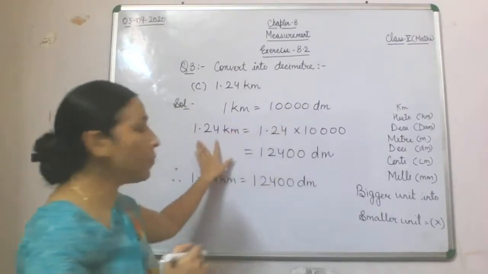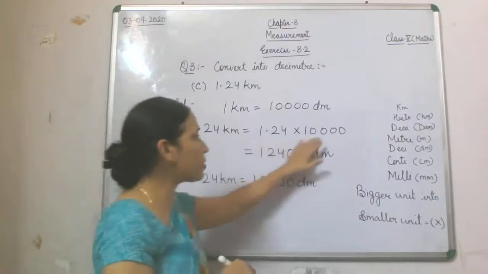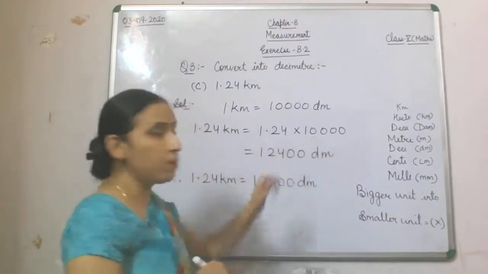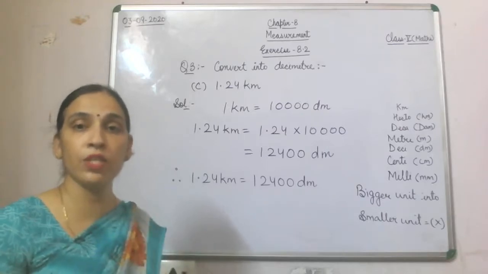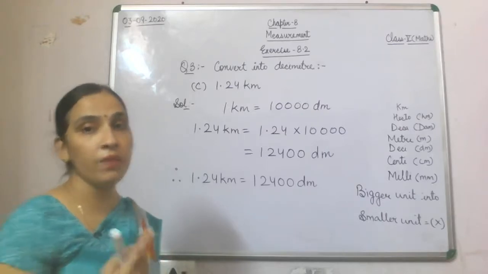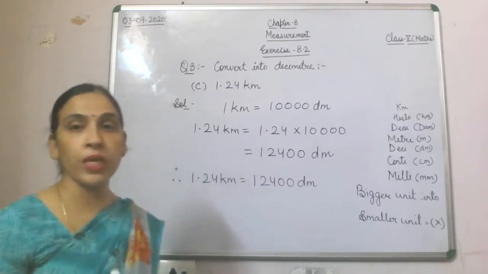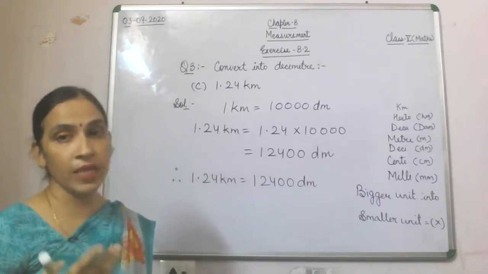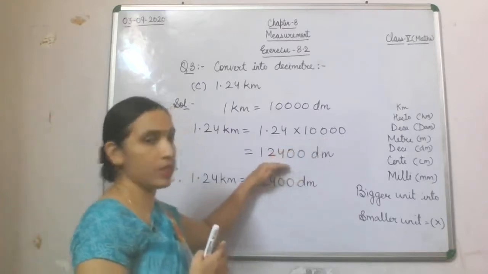Now 1.24 kilometer will be multiplied by 10,000. After multiplying by 10,000, as I told you, the decimal will shift one place if we have 1 zero, 2 places if we have 2 zeros, 3 places if we have 3 zeros and 4 places if we have 4 zeros.